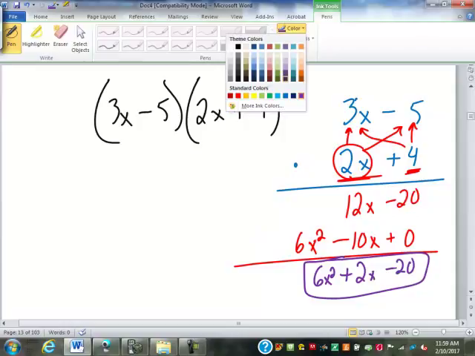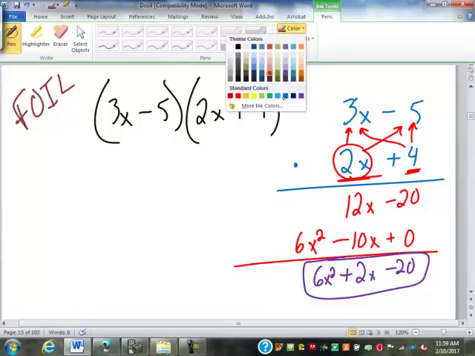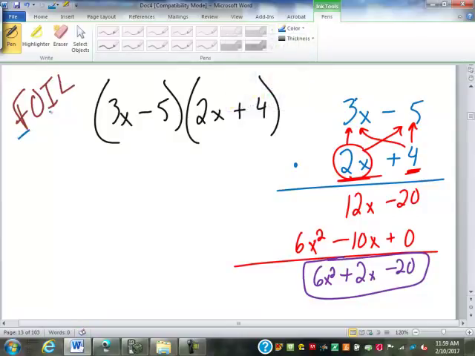Most of you have been taught a process called FOIL. What does the F in FOIL stand for? First, right? So that means I multiply the 3x and the 2x to get 6x squared.